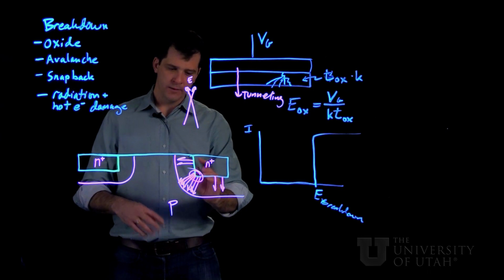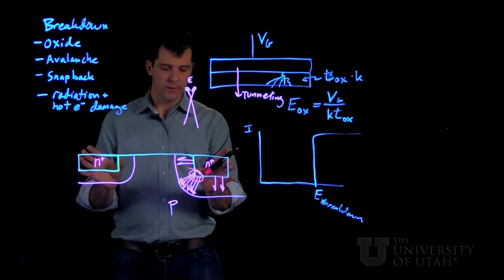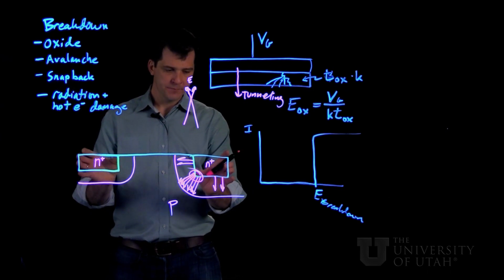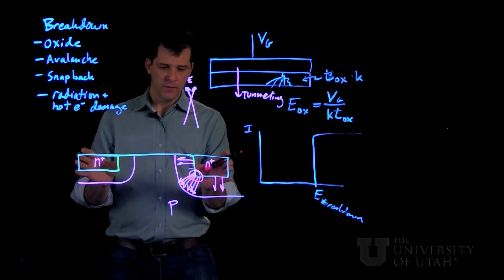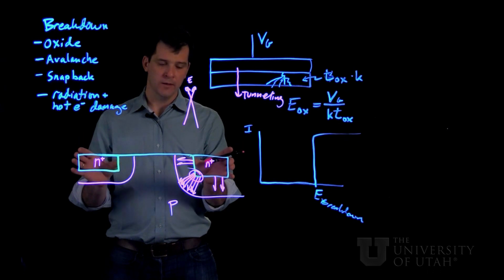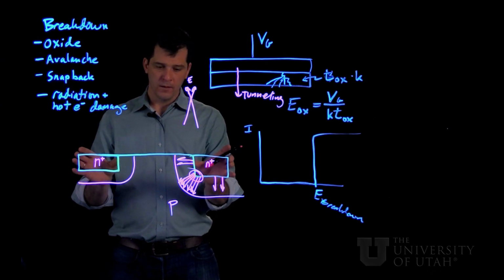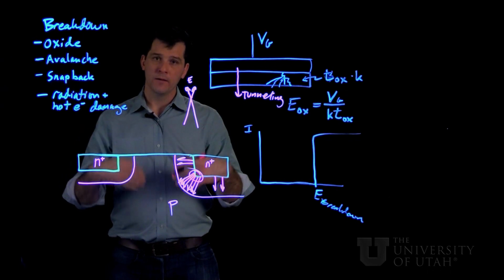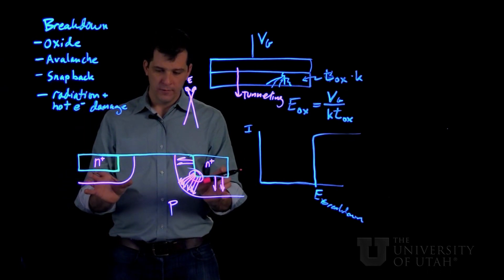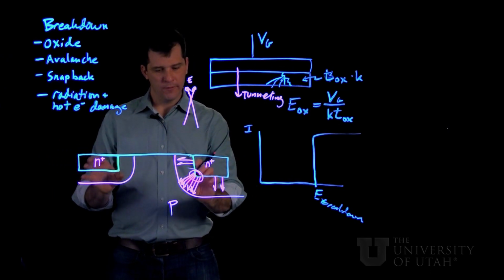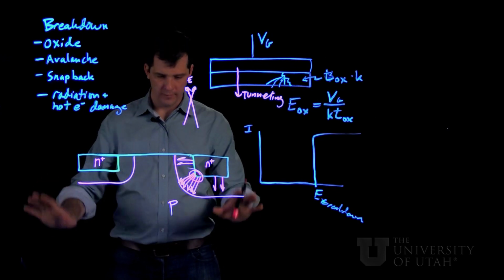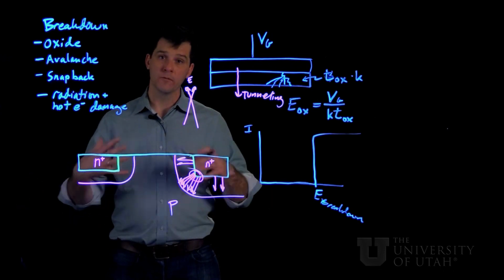So the design of MOSFET dimensions and dopings has to take that into account. And we'll just remind ourselves that the avalanche breakdown threshold tends to be higher at higher doping. So the desire to make smaller channels with higher electric fields would call for higher doping in the bulk wafer.